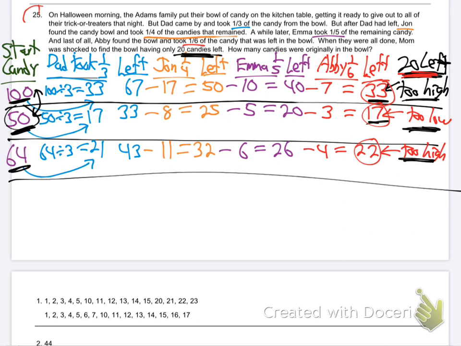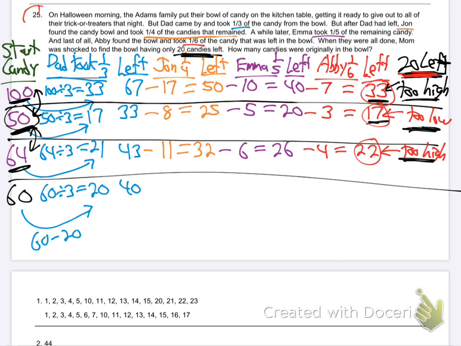50 came out too low. So it's between 50 and 64. So let me try 60. Dad took a third. That would be 20. Subtract 60 minus 20. That leaves 40.